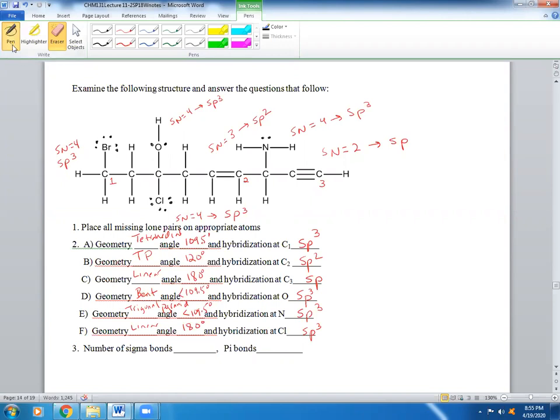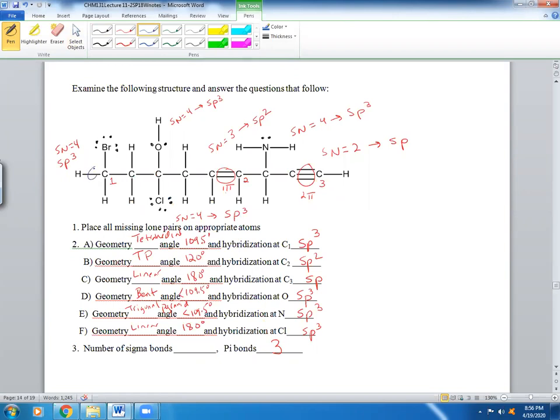Or I would start with the pi bonds. They're easy to pick out. So for example, pi bonds, I'm going to start with this double bond. You know, this double bond has 1 pi bond. And this triple bond has 2 pi bonds. So that's 1 plus 2 is 3. There are no double or triple bonds in here, multiple bonds. Okay, so now for the single bonds and the sigma bonds, I'm just going to count all of them.